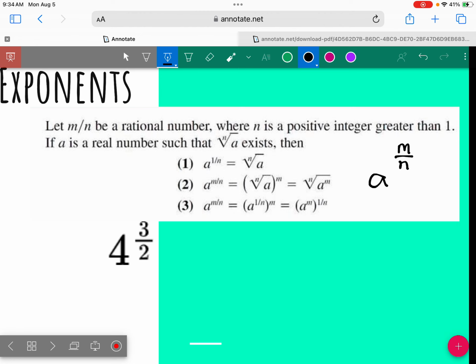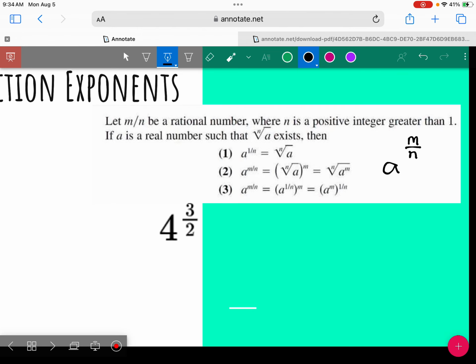Because our example here is 4 to the power of 3/2. There's a couple of different ways we can approach this. We could either do this as 4 cubed, and we take our square root, or we can do the square root of 4 cubed.